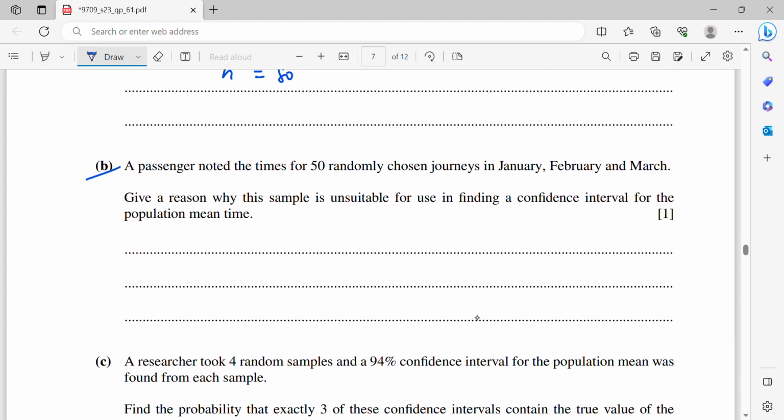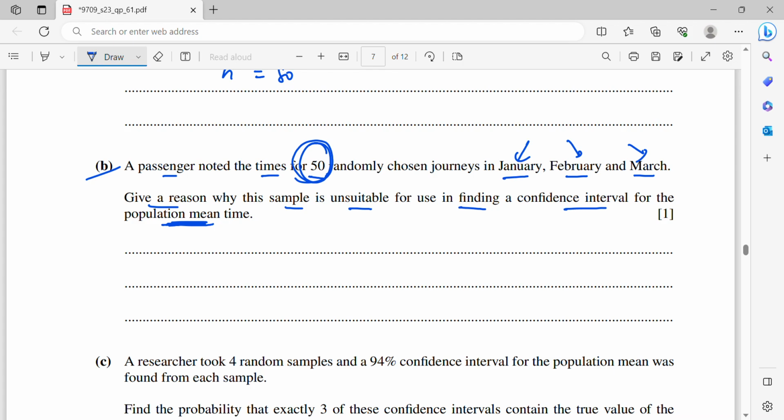Now B, a passenger noted the times for 50 randomly chosen journeys in January, February and March. Give a reason why this sample is unsuitable for use in finding a confidence interval for the population mean time. Okay, so now the sample is only taken from these 3 months, and you are using this 3 months data to approximate the population mean time.